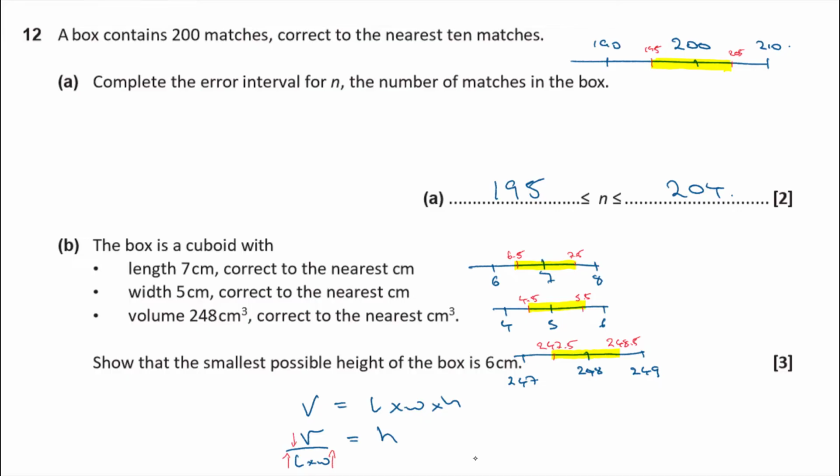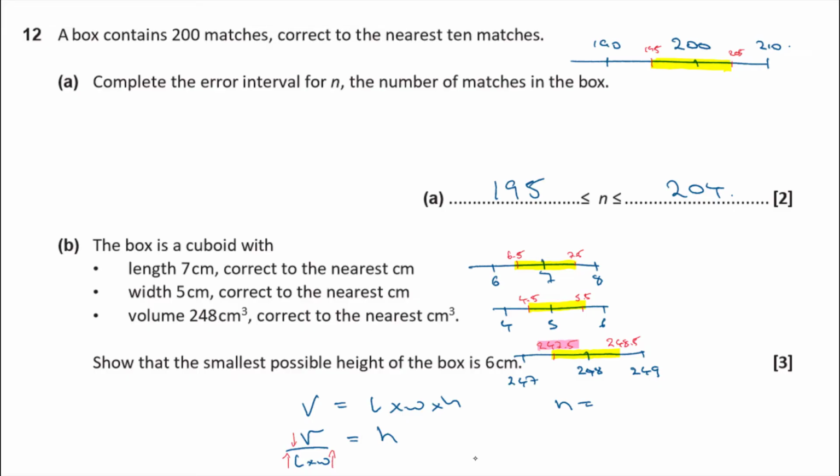Okay, so I'm going to use h is equal to the lower bound of V, the 247.5, and I'm going to use the upper bound of, I haven't labelled these, have I?